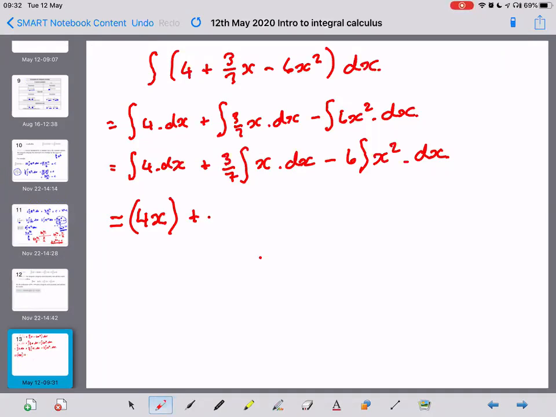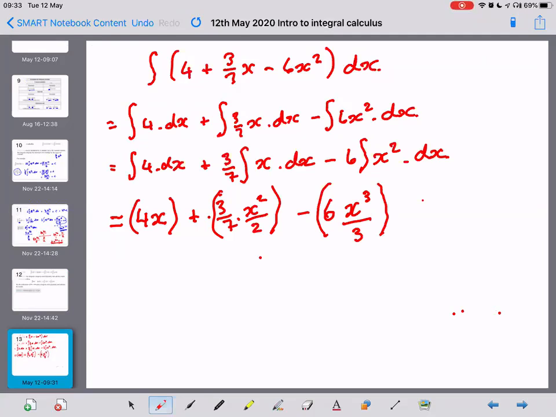And then we've got 3/7 of x to the 2 over 2, minus 6 x to the 3 over 3. Each of them would have a plus c, but we just put one big plus c on the end there, all the constants added together. We don't know what it is anyway.